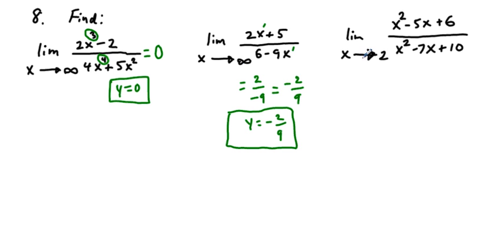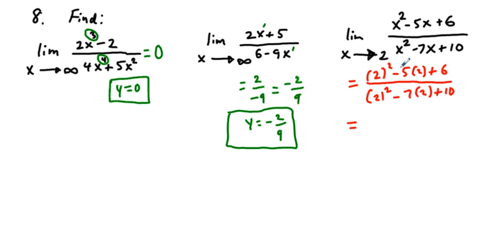And over here, limit as x approaches 2 of x squared minus 5x plus 6 over x squared minus 7x plus 10. We're going to substitute in 2 to both the numerator and the denominator. So we're going to have 2 squared minus 5 times 2 plus 6 over 2 squared minus 7 times 2 plus 10.